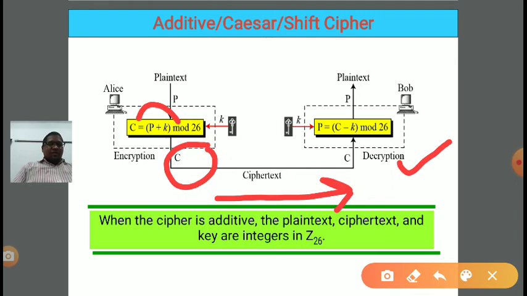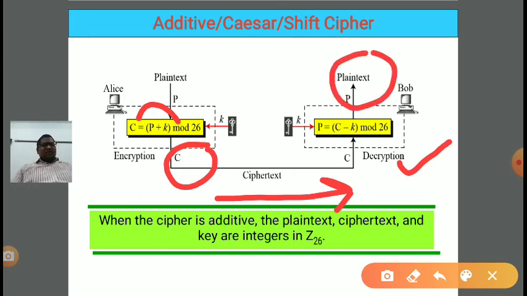If we have the ciphertext and key, how do we generate the plain text? The formula is to subtract the key from the ciphertext, because at the sender end we added it, so at the receiver end we do the opposite. The ciphertext minus key, then mod 26, will give the plain text. Now at the receiver we again get P.